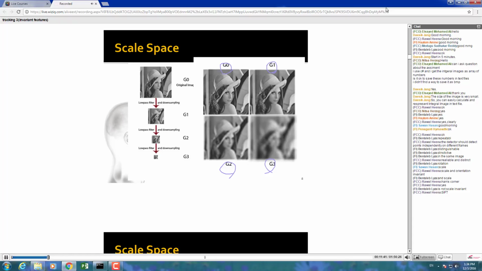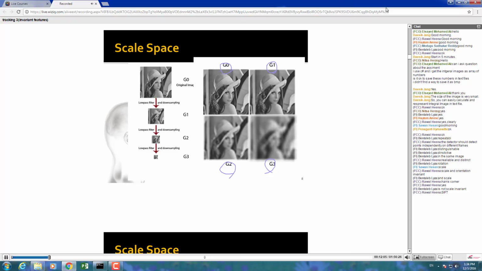This effect is almost the same as when we shrink the image. In terms of the amount of information and detail, Gaussian smoothing has the same result as physical resizing of the image.